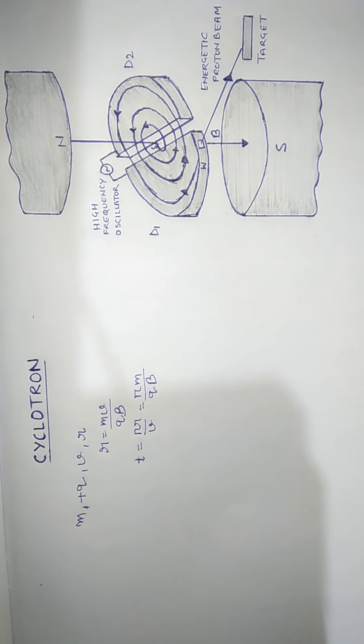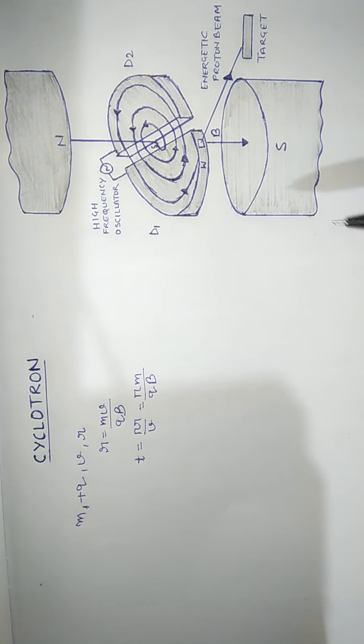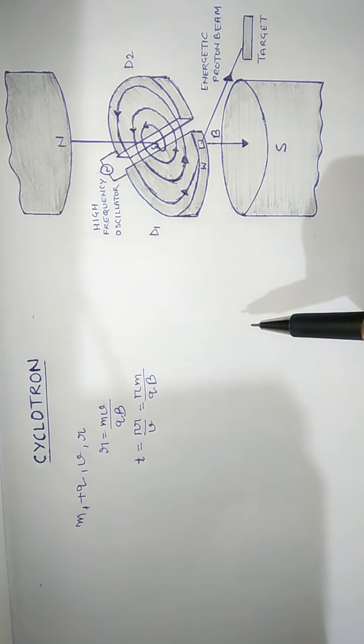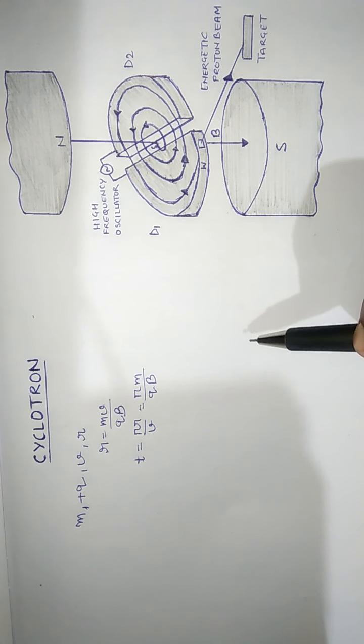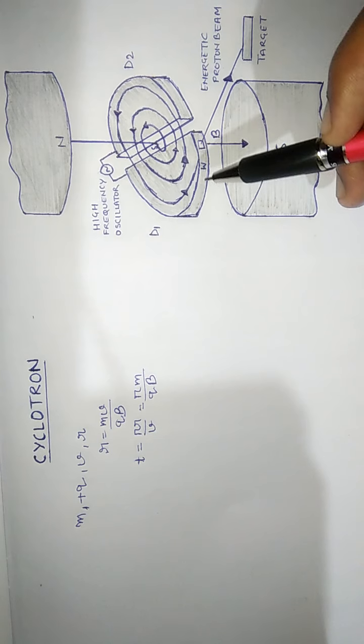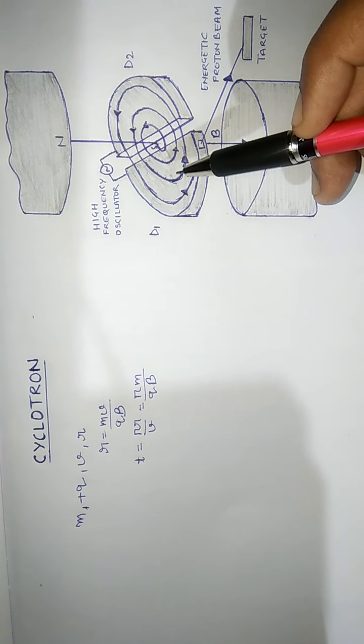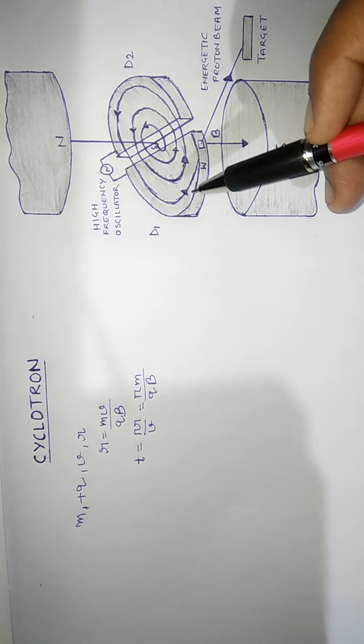Now let us assume that the frequency of the applied potential difference has been so adjusted that during half cycle of the potential difference, the ion completes a semicircle.